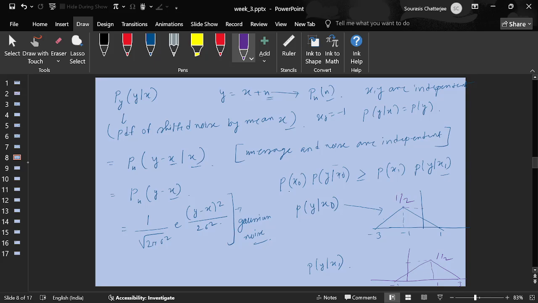Now I am talking about maximum a posteriori. That means likelihood needs to be multiplied with the priors. So this prior here was 2 by 3, this prior here is 1 by 3.